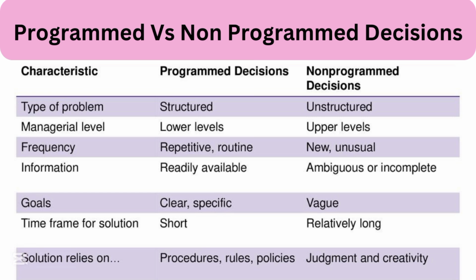For non-programmed decisions, the time frame for solution will be relatively long. For programmed decisions, the solution relies on procedures, rules, and policies. For non-programmed decisions, the solution relies on judgment and creativity.